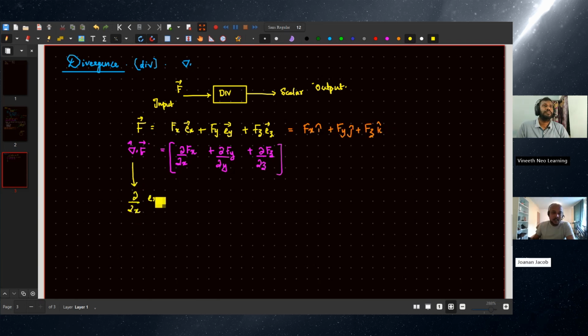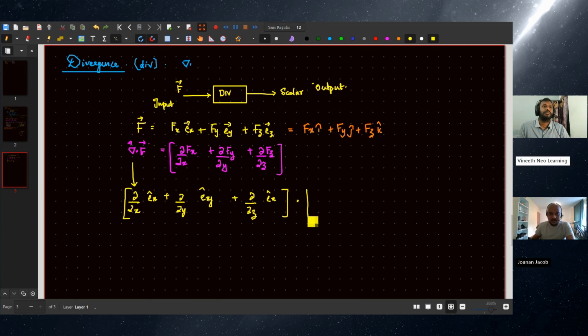As I said earlier, del is an operator. You can simply consider it as a vector itself and take a dot product, an inner product, with F_x e_x plus F_y e_y plus F_z e_z. When you take the dot product, you will simply get this answer.